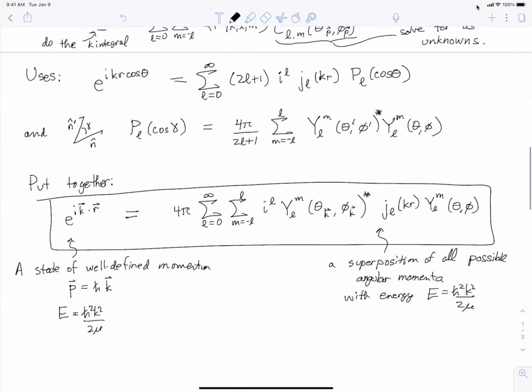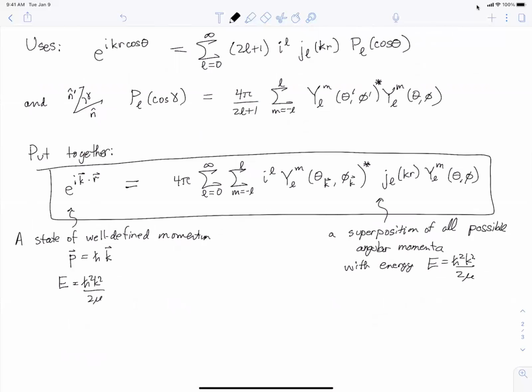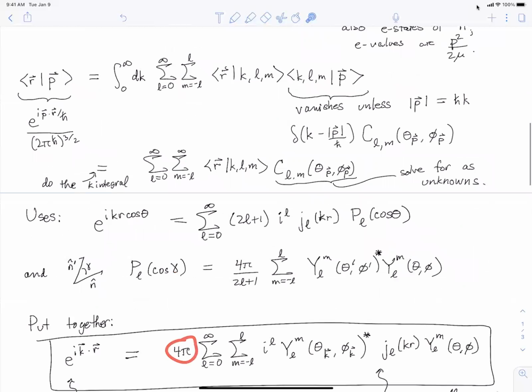But on the left-hand side, we're choosing to have it be an eigenstate of momentum, and then it's a sum over angular momentum on the right-hand side. And all this other junk, the i to the l, the spherical harmonic of the k vector, and the 4 pi, are basically what you get when you solve for these unknown coefficients, what we call the c_lm's.